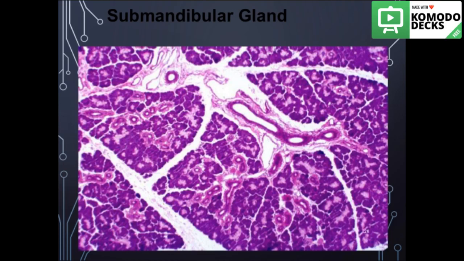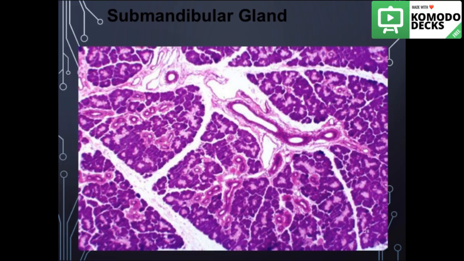A next zoom. The acini with the striated ducts in between, the connective tissue septa with the big collecting ducts. See the collecting ducts, they appear clear.